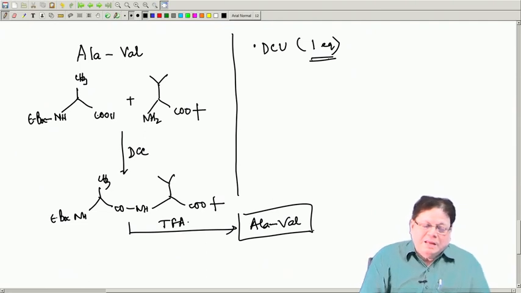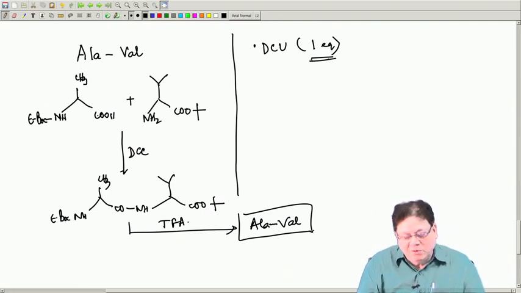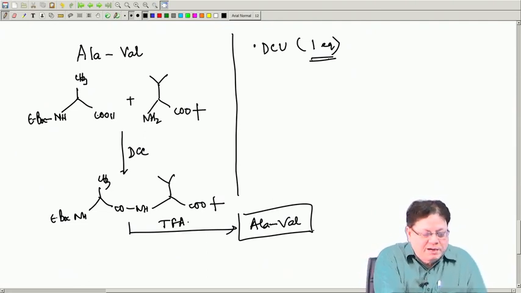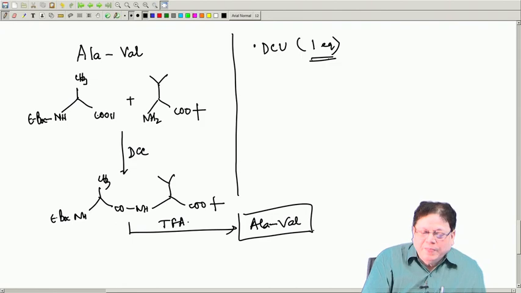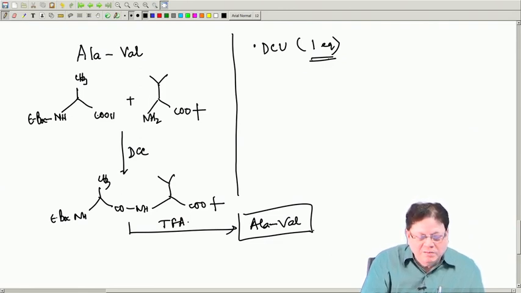Okay. That means, you have a separation process now. You have to separate your protected, this is the protected dipeptide from the DCU. Now, luckily DCU has less solubility in dichloromethane. So, you can separate most of the DCU by just crystallization from dichloromethane or methylene chloride.